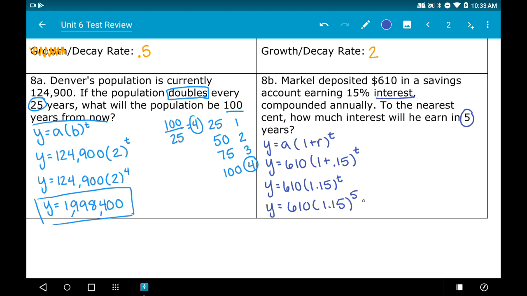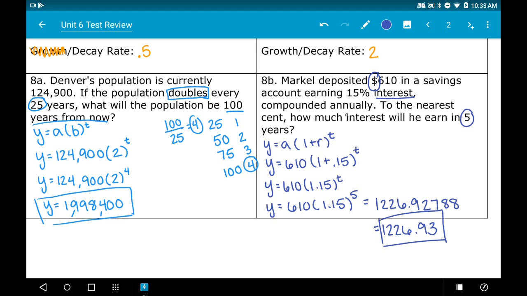So our answer here is 1,226.927888. But this one is about money. So we can only have 2 decimal places. And notice there's a 7 here, so we're going to have to round up. So it'd be 1,226.93. So that is the total amount that Markel would have saved after 5 years.